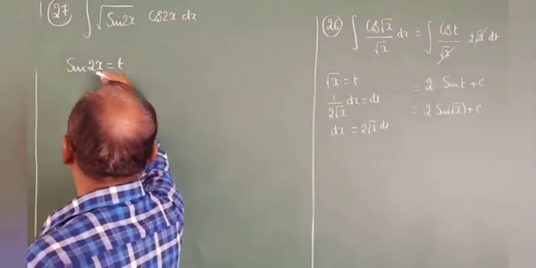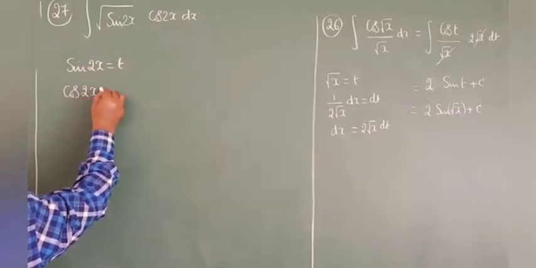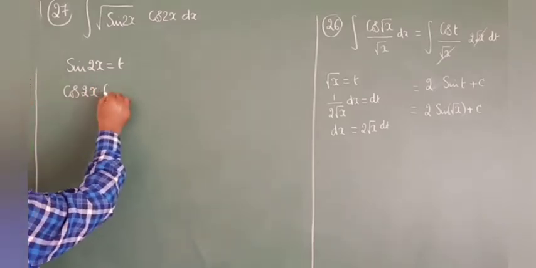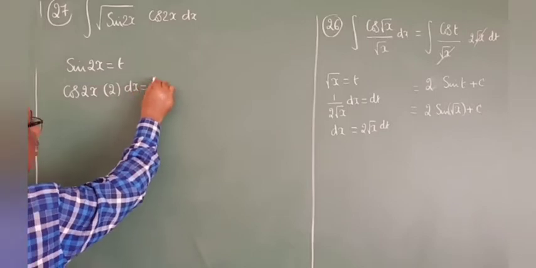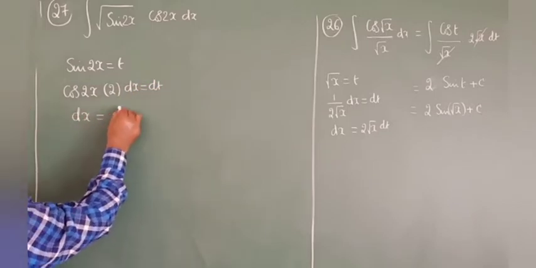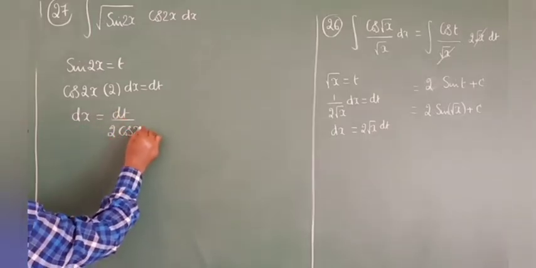Right. So t is sin, derivative is cos of 2x by the chain rule. Derivative with respect to x, but it is 2x. That's why the 2x derivative is 2, so 2 cos of 2x dx is equal to dt. Right? dx is equal to dt by 2 cos of 2x.